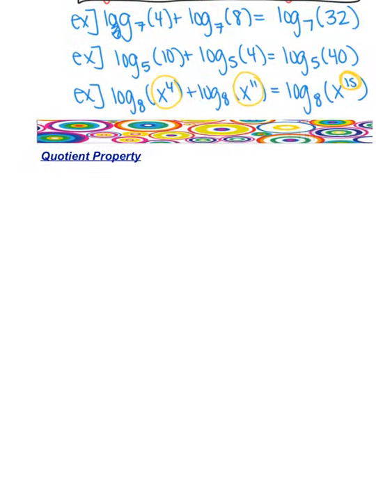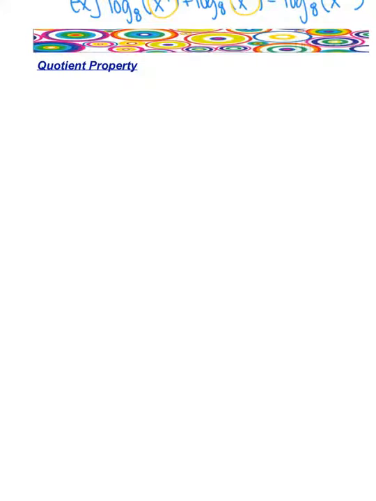All right, next we have the quotient property. The quotient property is kind of similar. It says log base b of m minus log base b of n is equal to log base b of m divided by n.